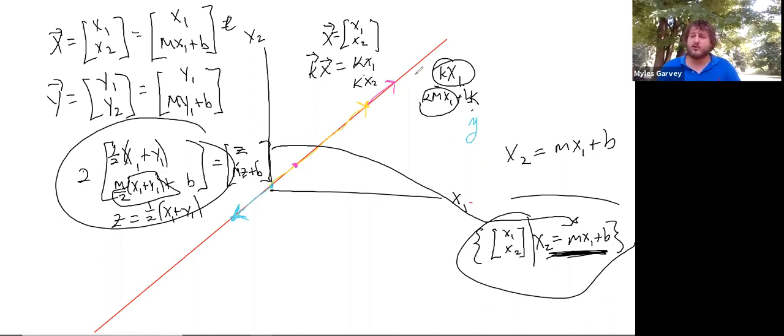In other words, I can do some manipulations and I can end up forcing this vector to look like something in here. So anyway, the point is that when I take a scalar multiple of a vector on that line, I'm going to get another vector on that line.